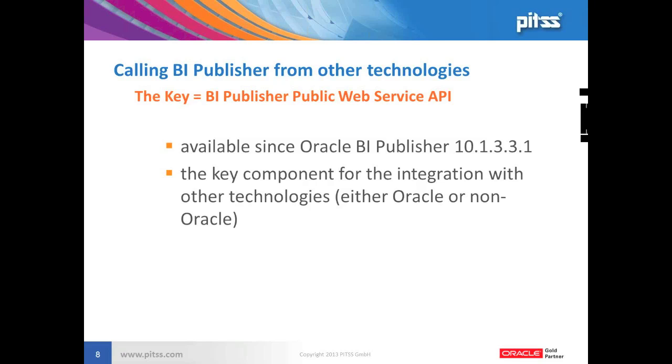And this is, like I said, the key component, because all those applications that are able to communicate with a web service will automatically inherit this capability to call a BI Publisher web service. Now, we will take the communication ways one by one and see the detailed architecture. We start first with the integration between ADF and BI Publisher.